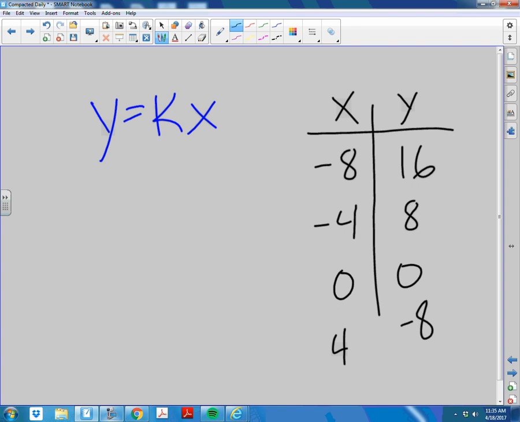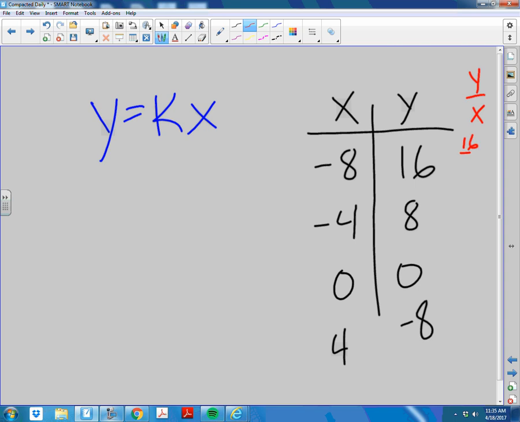Christopher? Okay, so the constant of variation is -2, not x, just -2. Because remember, guys, you find the constant of variation by simply doing y divided by x.